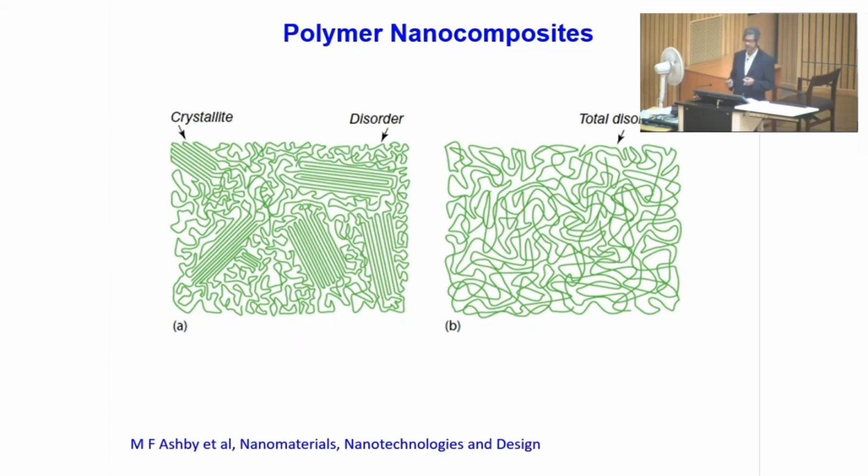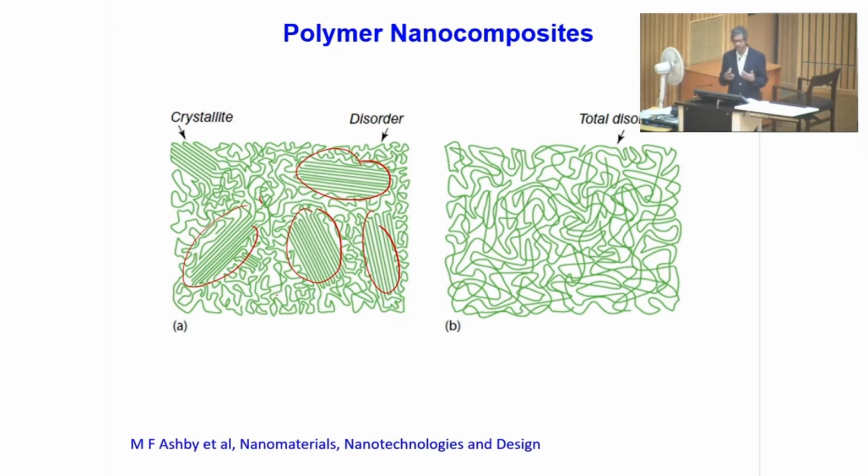This is a very nice picture taken from Mike Ashby's book. You can clearly see these are the regions of crystalline or ordered regions, which are called crystalline regions. And this is the region of random orientation. When you have completely total disorder, this is what is called an amorphous polymer, completely amorphous. You can see they are random completely.